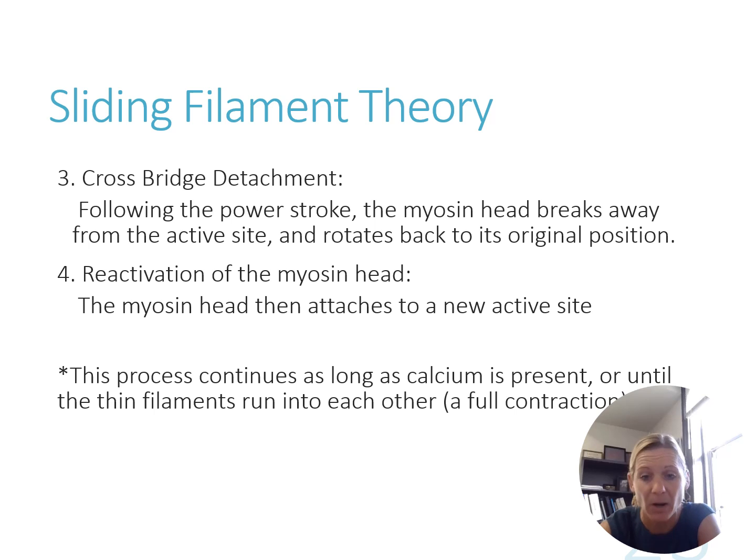This process will continue as long as calcium is present or until those thin filaments butt into each other. Once they run into each other, we've reached a full contraction. Then they stay in that position and create force in that position, but they're not able to cause movement from that position because they're already running into each other.